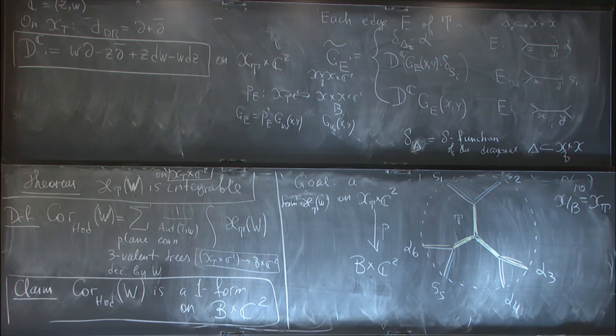Now the integral is simple. You just have alpha sitting on the corresponding curves, and then you have dc of the Green currents on the internal edges. So now E plus 3 is explained. Each internal edge has dc of the Green function, which is a one form, and we have E of them. So we have E plus 3 plus E, which is the degree of the differential form.